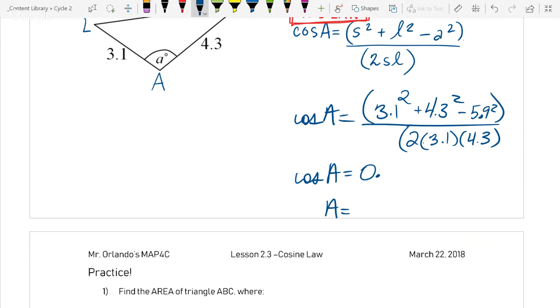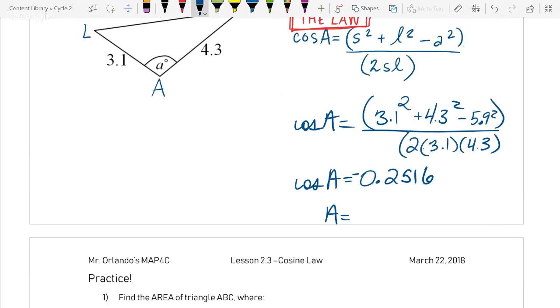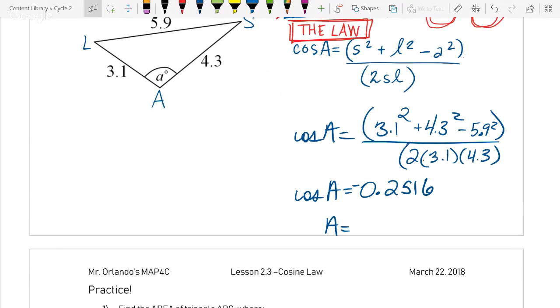Nothing wrong with that. Okay, if people did the cosine, what'd you get? 2516. Great. Negative for you? And then when you cosine, okay, and that's important. So that negative matters. You guys, we haven't talked about this yet because we've never done cosine when the angle's bigger than 90. But guess what?